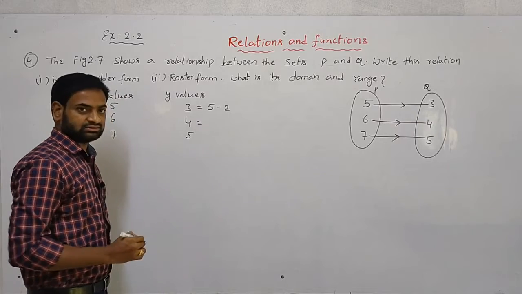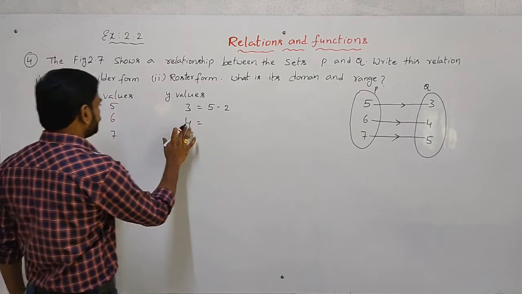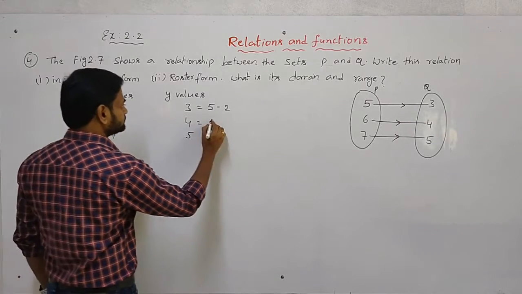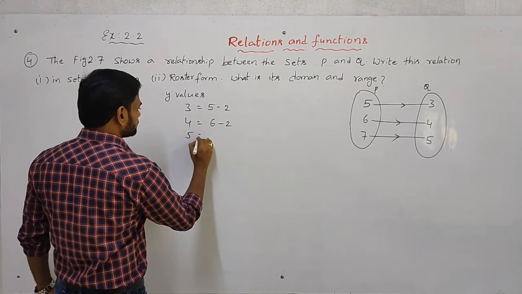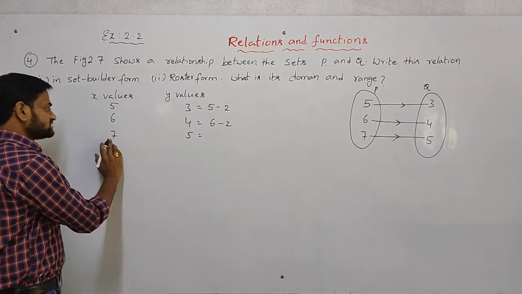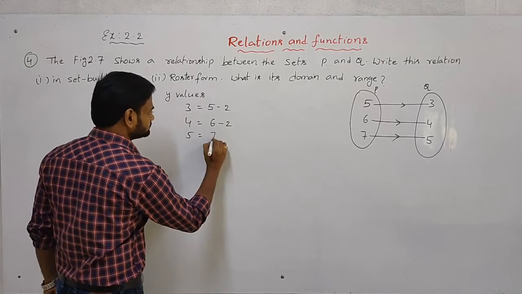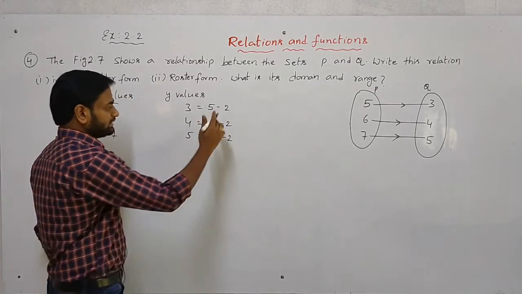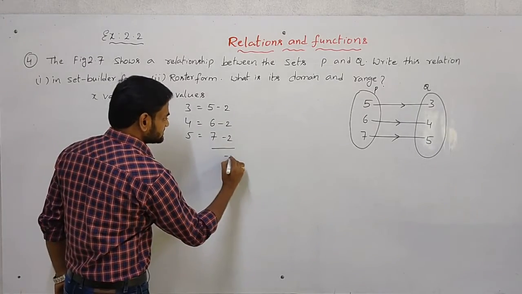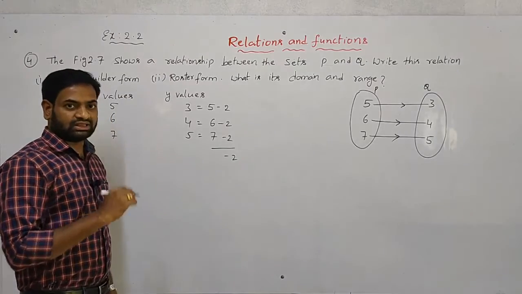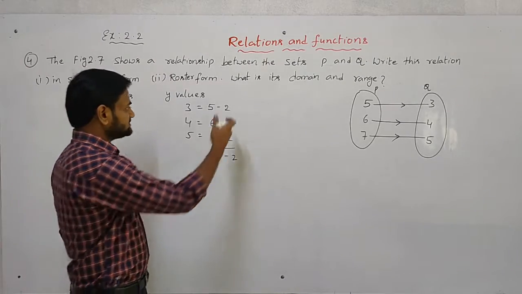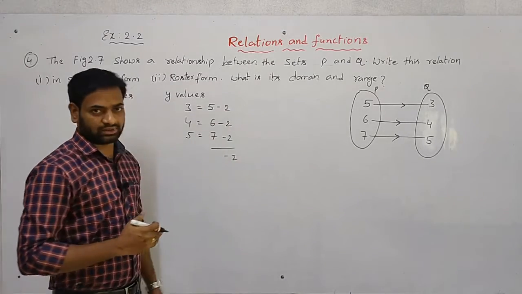Next, this 4 we can write as 6 minus 2, and this 5 we can write as 7 minus 2. Here minus 2 is common for these 3 terms.